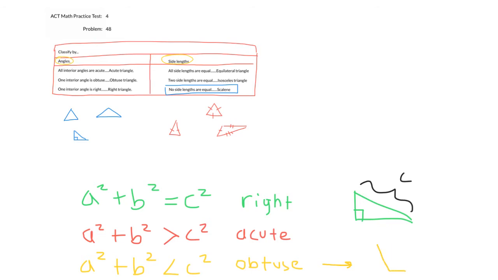You can imagine that c got bigger, which turns what would otherwise be a right triangle into this obtuse, stretched out situation.